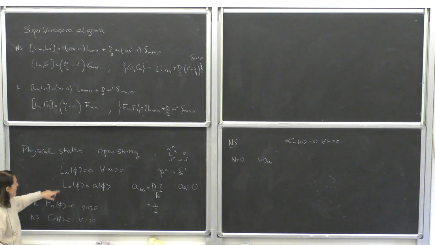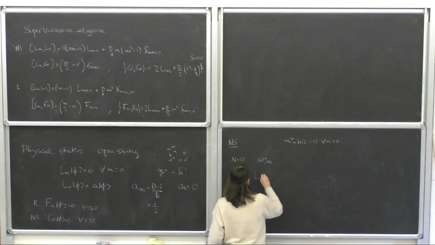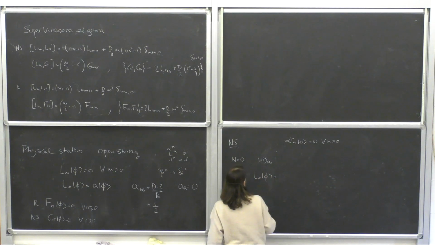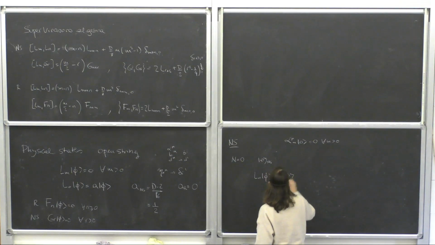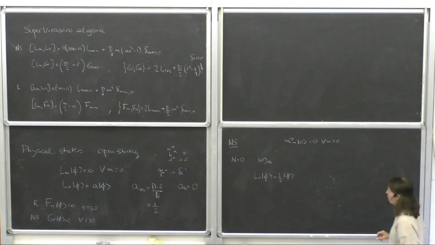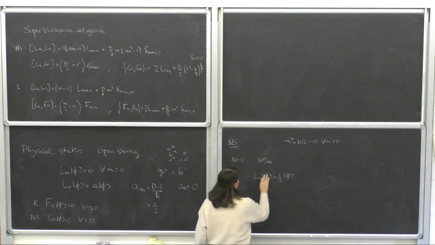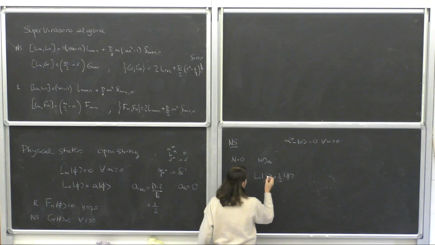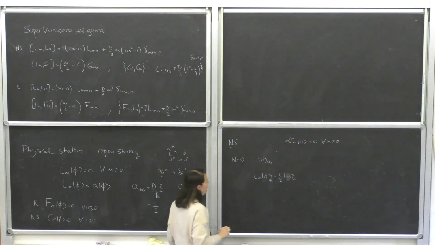And for this one, L_0 phi is equal to a_NS phi, which is 1/2 of phi. That's true in general, but now where phi is the zero NS state.